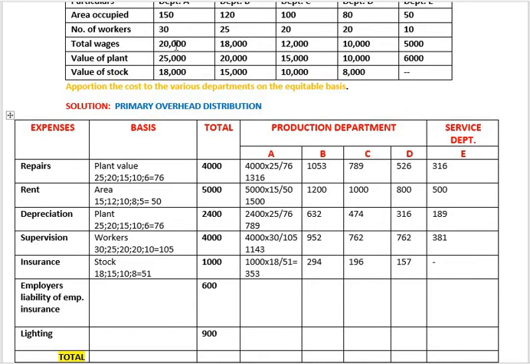So total wages: department A 20,000, department B 18,000, department C 12,000, department D 10,000, and service department E 5,000. So your ratio will be 20 is to 18 is to 12 is to 10 is to 5.